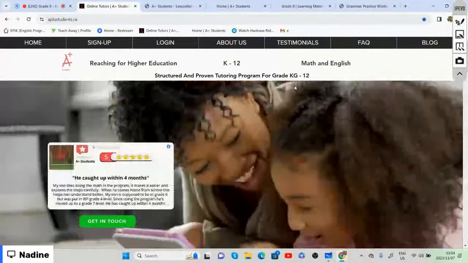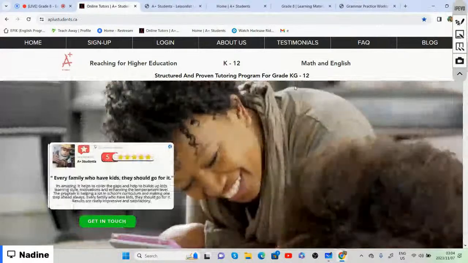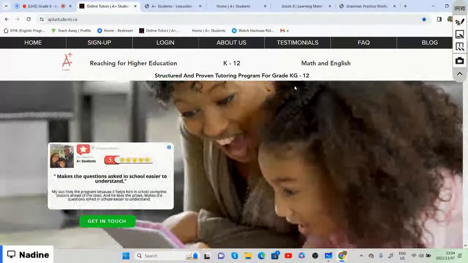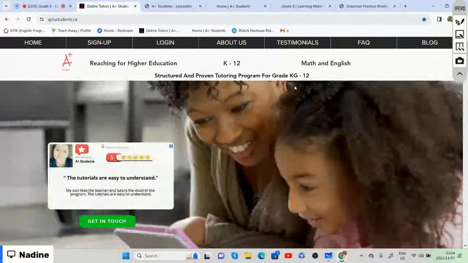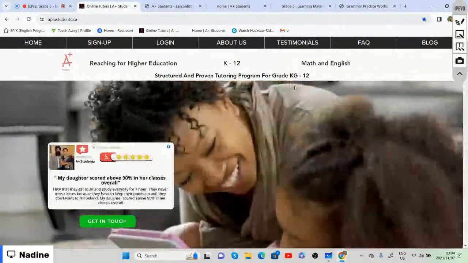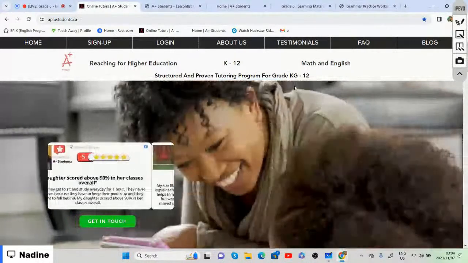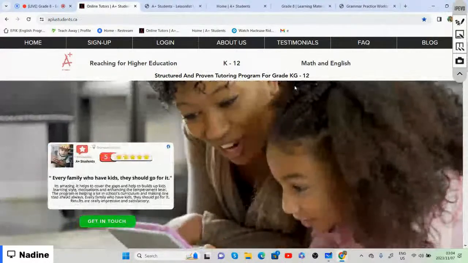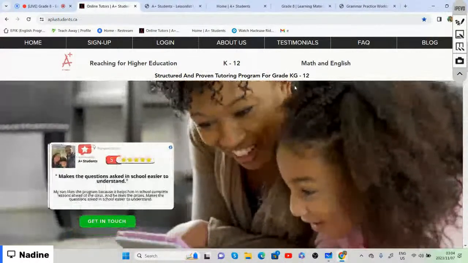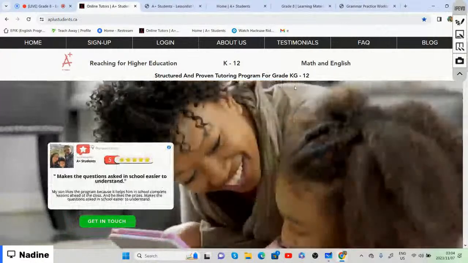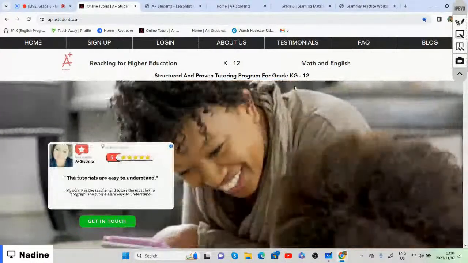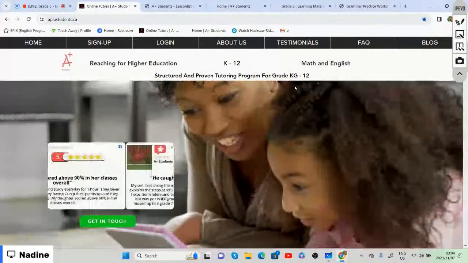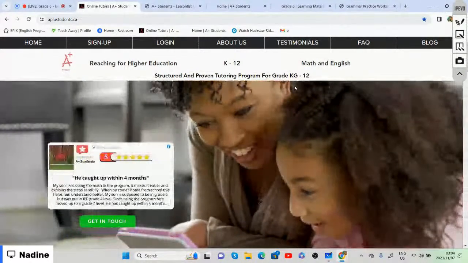Before we start our lesson, we're going to log into aplusstudents.ca. Once we've logged in with our username and password, we select the subject of language arts, which is English, and then grade 8.